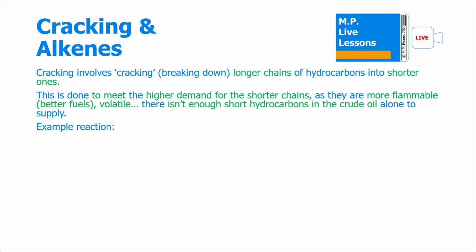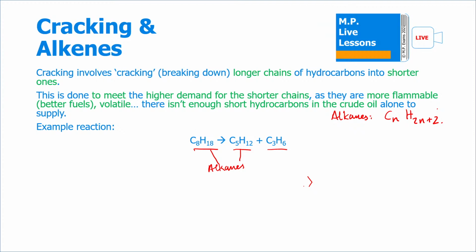Now, let's say we break down quite a large-ish hydrocarbon that has 8 carbon atoms and 18 hydrogen atoms into two new hydrocarbons. If we remember the general formula for alkanes, which is CnH2n+2, we can see that these two here are alkanes, but this one isn't.